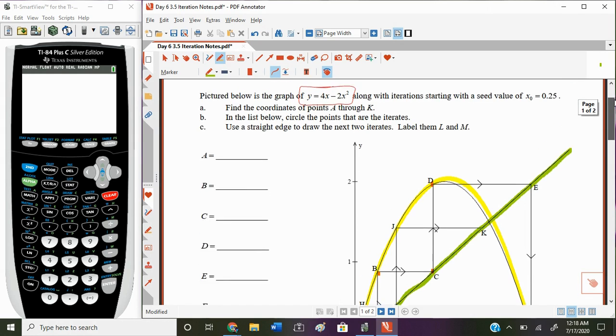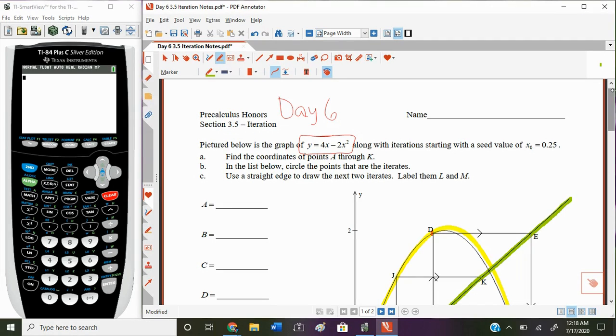So let's go back to read the rest of the question. Find the coordinates of points A through K. We're going to go in that order. And then we'll get to part B and part C when we are all done. So right now we need to know, well, what is an iteration? Iterations start with a seed value, which you think of when you plant a seed, or x sub 0.